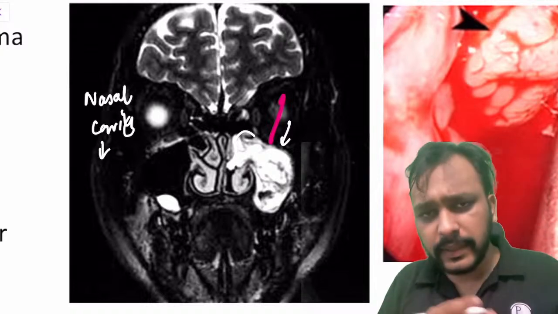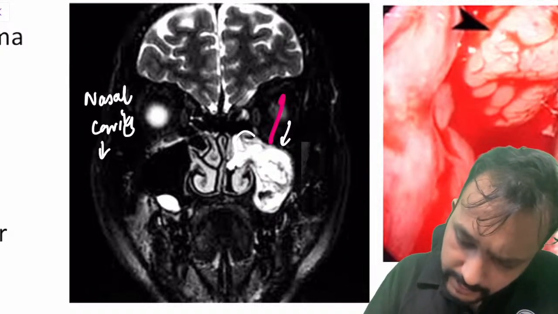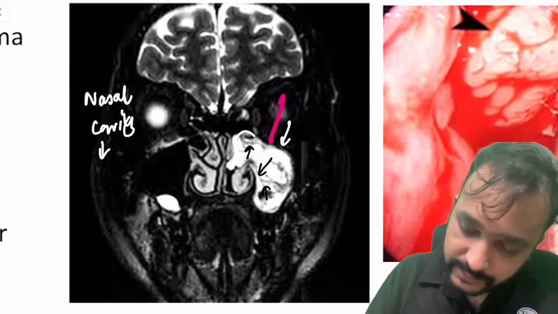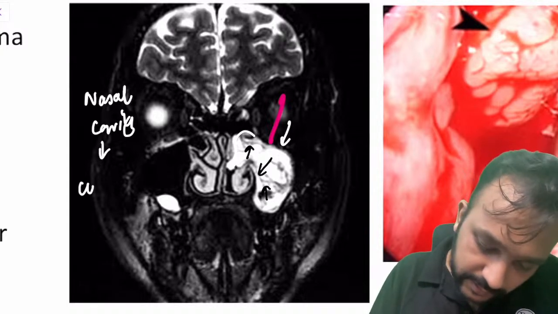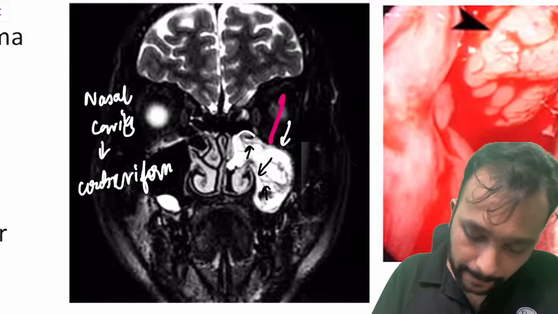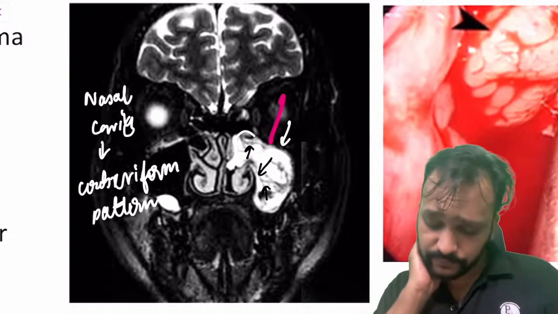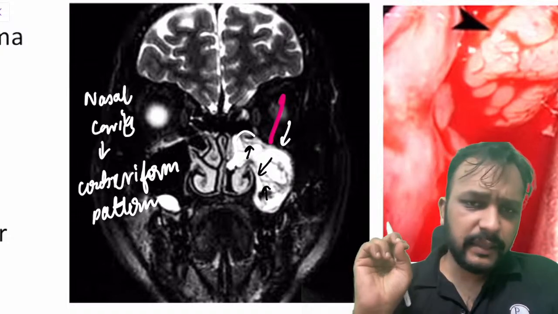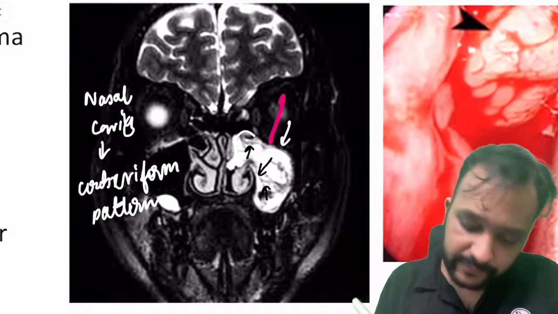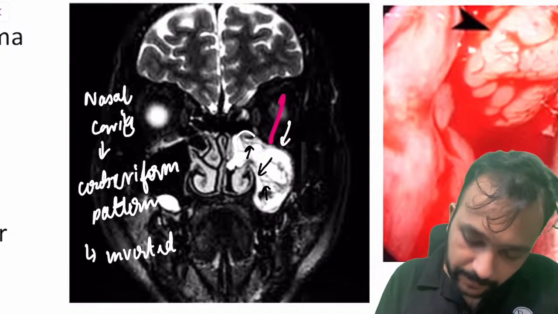You can see that there are areas of hypointense bands within the tumor, and this type of appearance gives a cerebriform pattern. So this cerebriform pattern, seen in a tumor in the maxillary sinus extending into the nasal cavity, is characteristic of inverted papilloma.